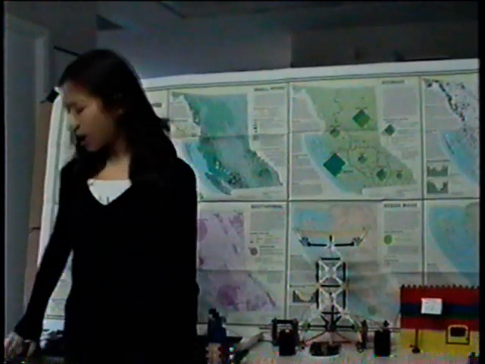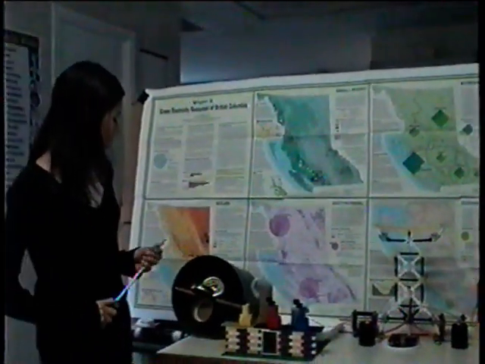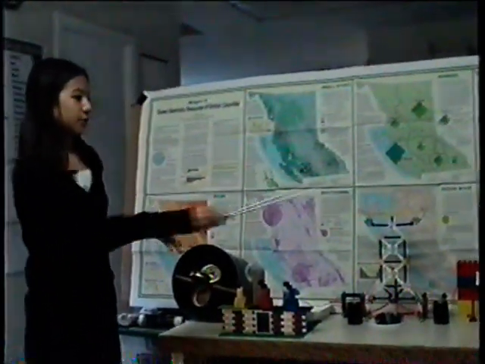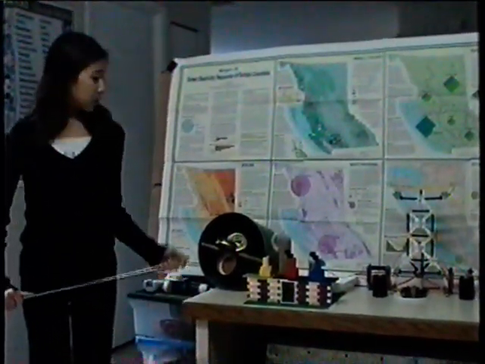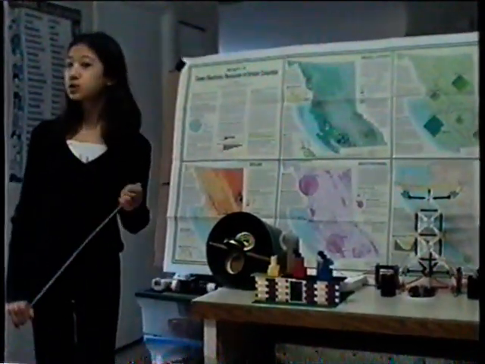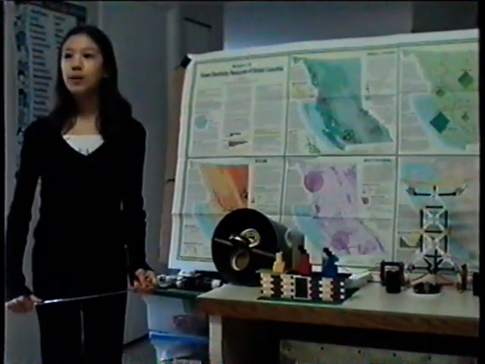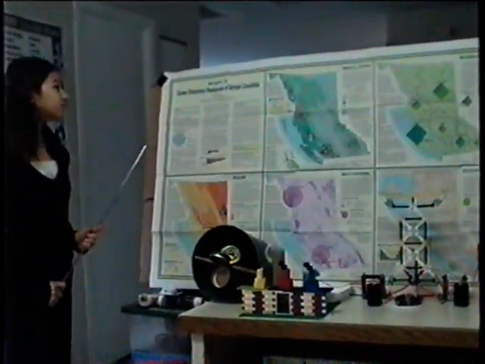So now, it's not just about how electricity can be brought from, for example, if it was a hydroelectric energy plant, all the way to your home and how you can use it there. There's more than one way to generate electricity. Even if hydro is the most popular way of generating it in BC, there are many other ways, as you see in Green Electricity Resources of British Columbia.